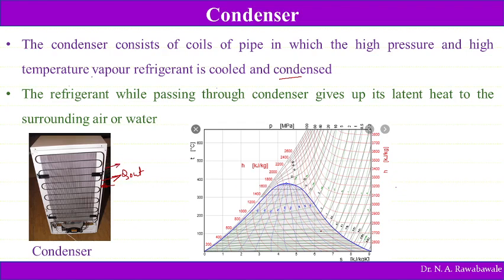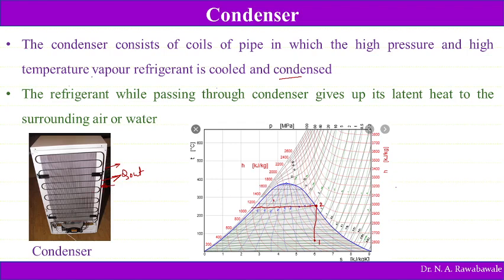We have seen the first process, 1 to 2, by a vertical line. Now the refrigerant enters at point 2 into the condenser, and it is condensed. The refrigerant is condensed at constant pressure and constant temperature.